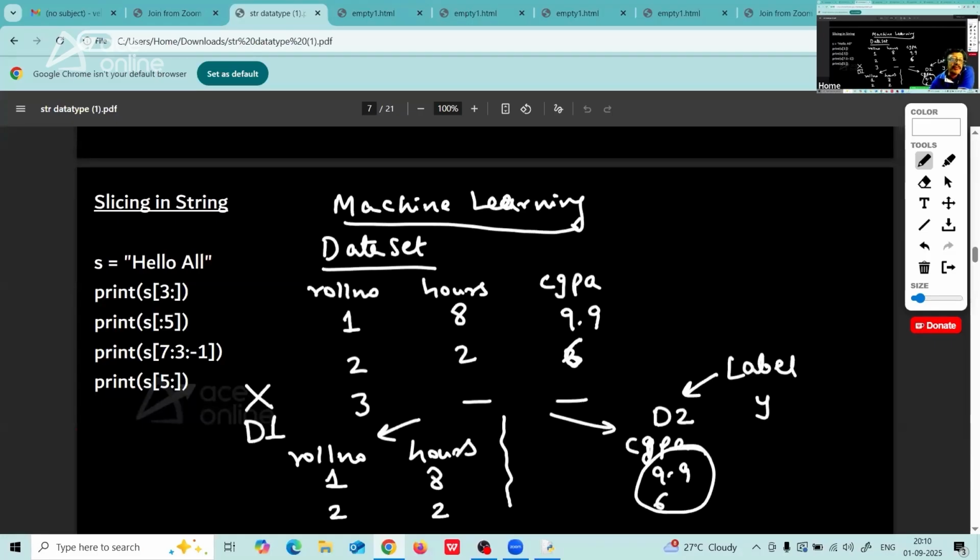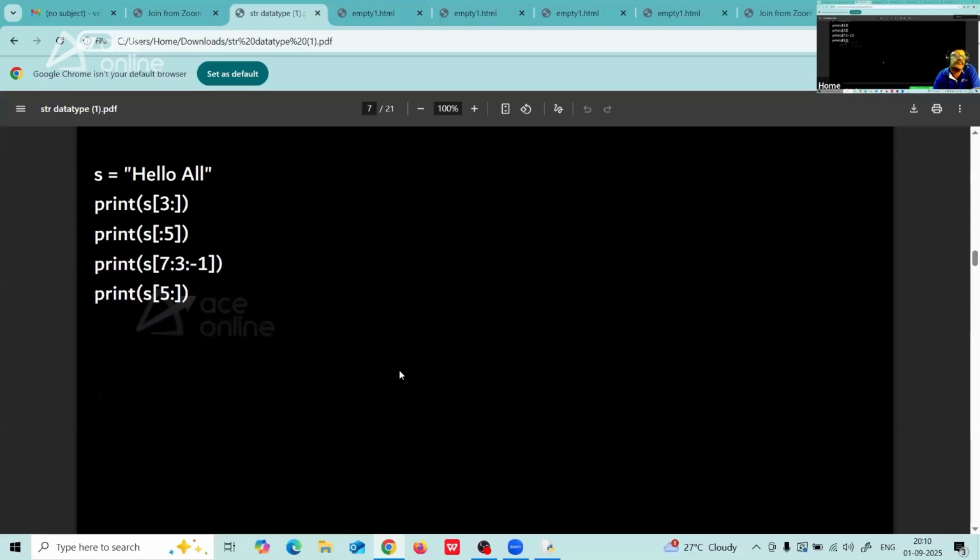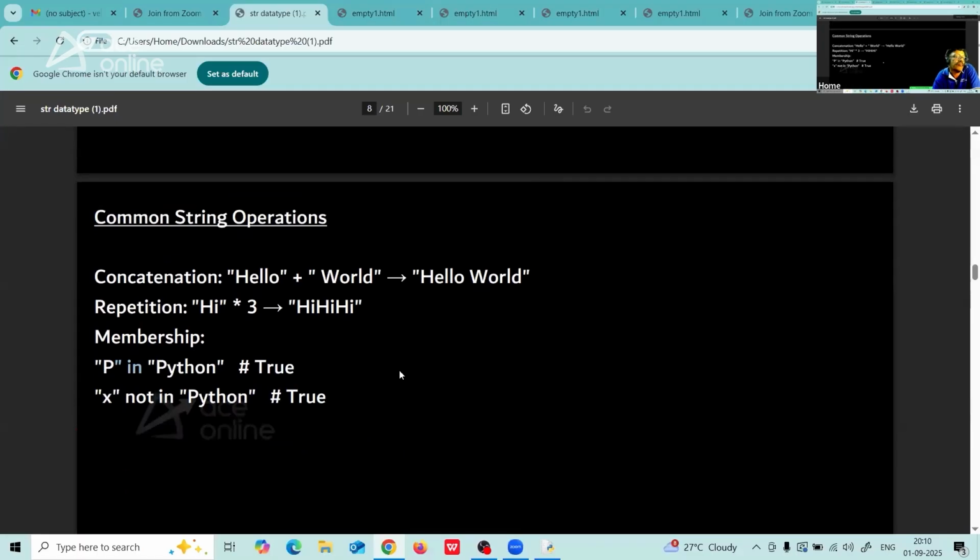These terms are very common in machine learning. But data set given will contain X and Y. Then you have to separate X and Y, correct? And then work on them differently. I hope I have convinced all of you how important this topic was. But we are not seeing the coding of that.